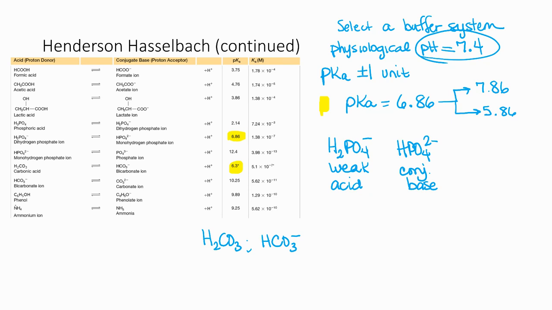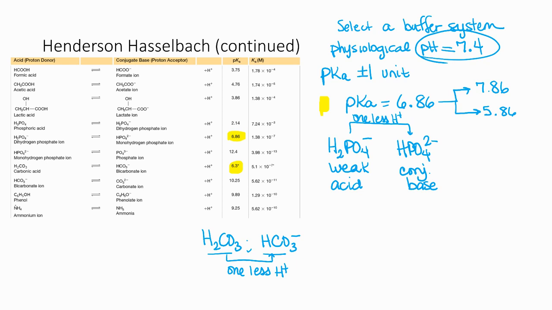Now make sure that you understand why they're conjugates of each other. H2CO3, 1 less H plus will give us the bicarbonate. Okay, between these other two, H2PO4 minus, 1 less H plus gives us the HPO4 2 minus.